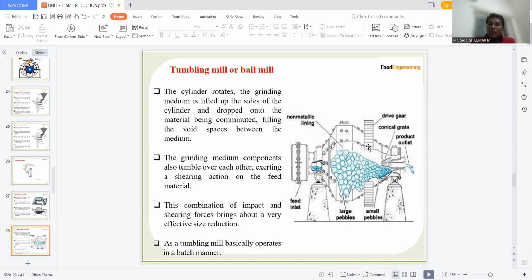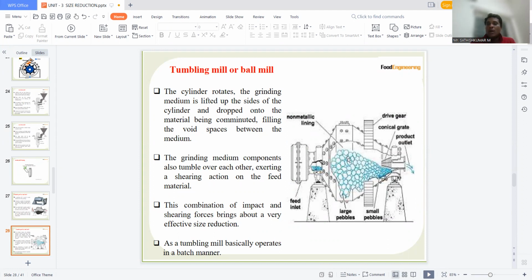The stones will be collided with the solid particles. Due to the collision process, the size of solid particles will be reduced. The reduced size of particles will be collected through the outlet, just using impact forces.